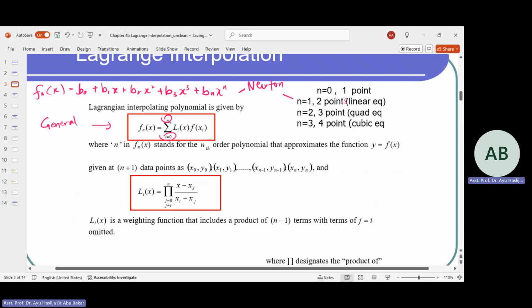When you are given, let's say, n equals 2, n order, you need to expand the equation.